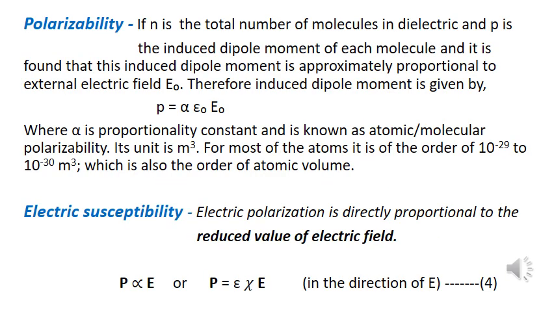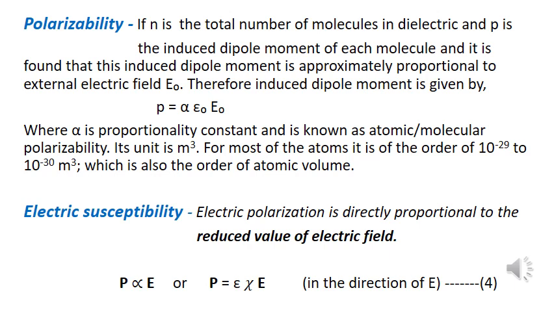Next topic is polarizability. If there are N number of molecules in the dielectric and p is the induced dipole moment of each molecule, then it is found that this induced dipole moment is approximately proportional to the external electric field E naught. Therefore, the induced dipole moment is given by p is equal to alpha epsilon naught E naught.